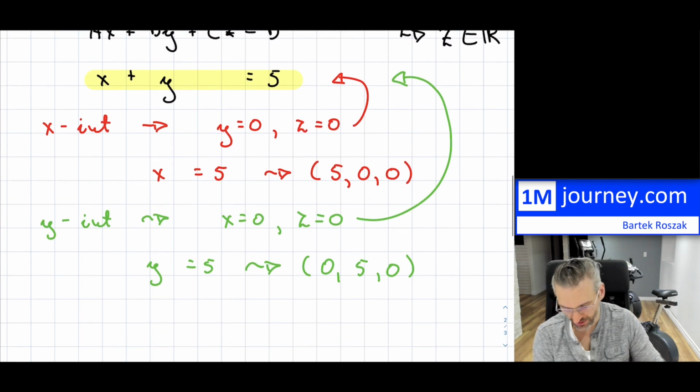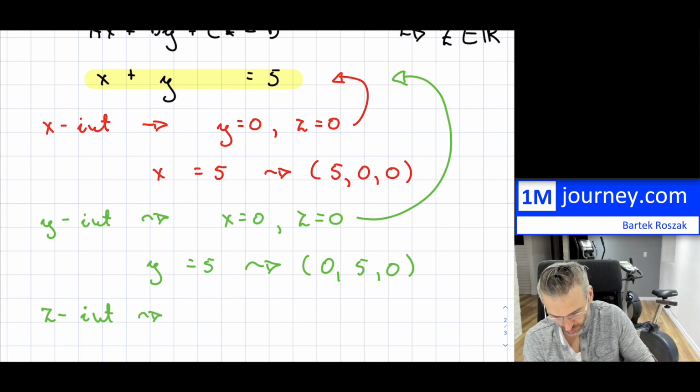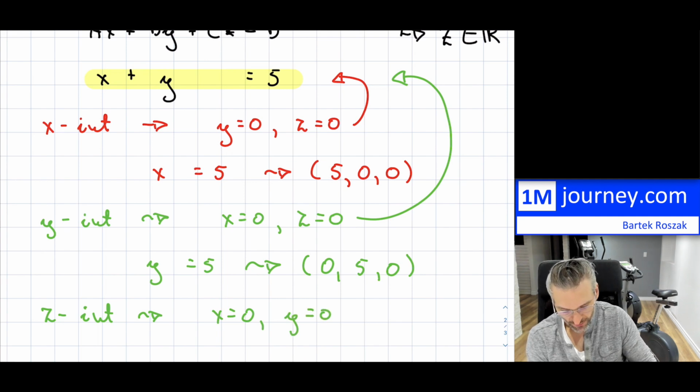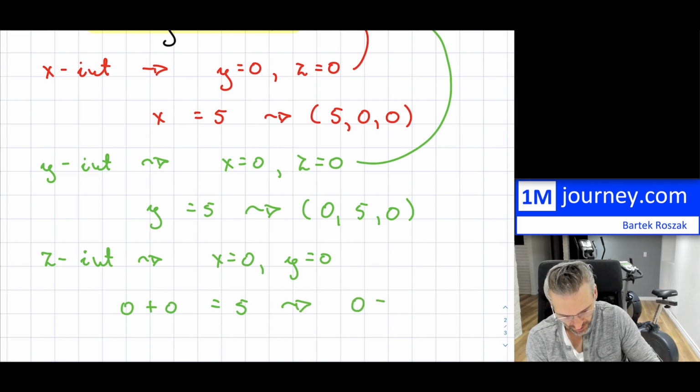Now, if you wanted to find your z-intercept, you would set x equal to 0 and y equal to 0. For this plane, you get 0 plus 0 equal to 5. Clearly 0 doesn't equal 5, so it doesn't exist.